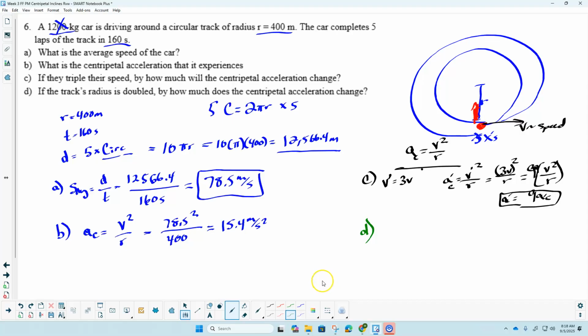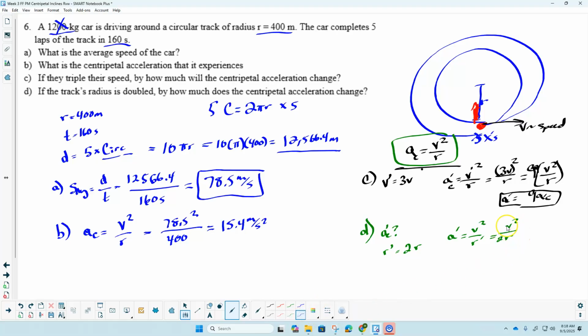So in D, it says if the radius of the track is doubled, we're going to see how much the centripetal acceleration changes. Again, this is our original one, and we have a new one here. We want the new centripetal acceleration, but this time our new radius is doubled, so it's 2 times R. If we plug that into our relationship again, our new one would be V squared over R prime, and that's just V squared over 2R.